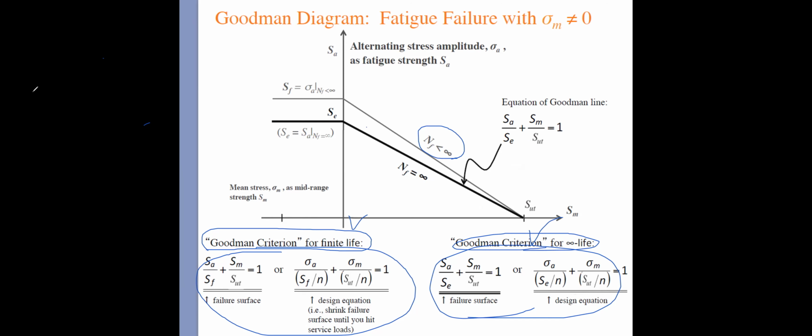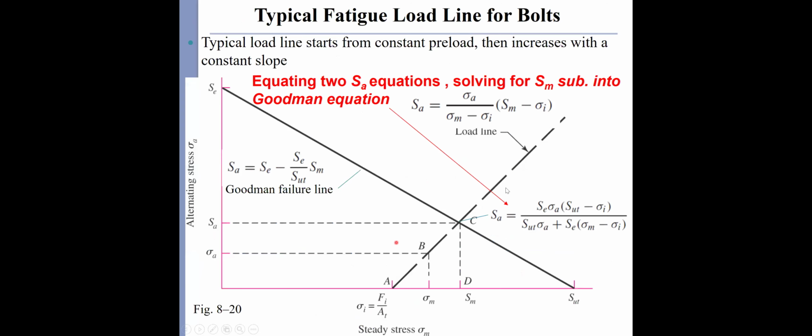And we also have this loading line as I already mentioned previously. So we can find the solution, the intercept of these two linear equations. The typical load line starts from the constant preload and increases with a constant slope. So it creates two SA equations, solving for the SM and substituting into the Goodman equation.